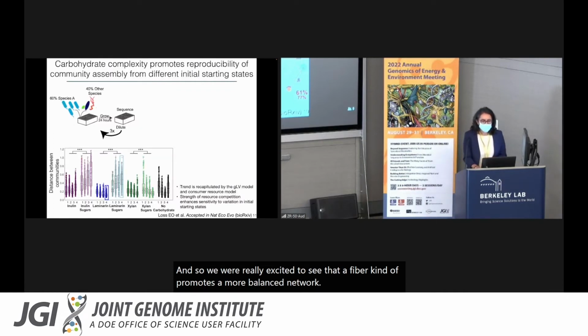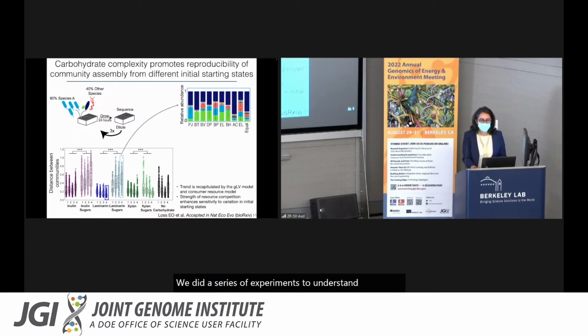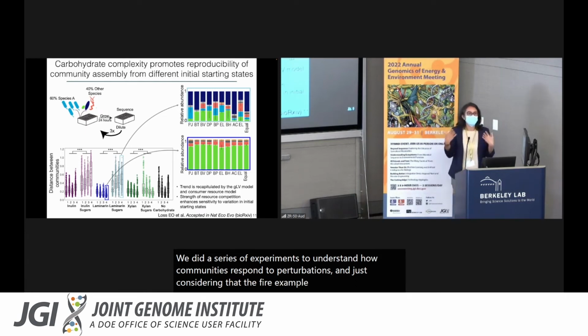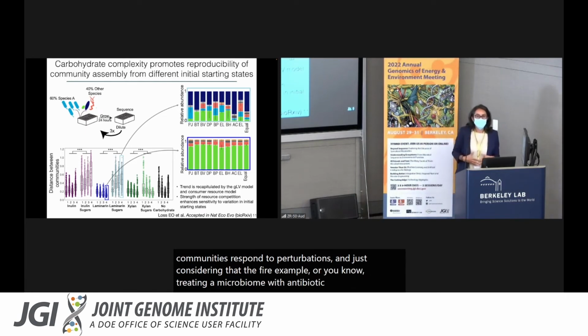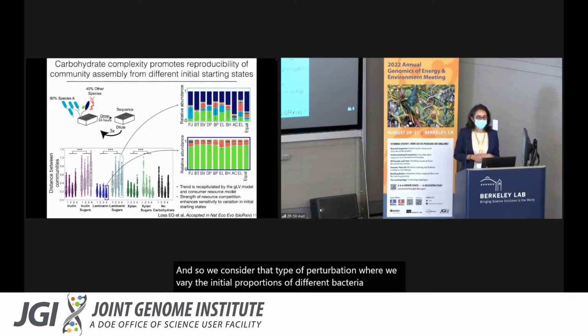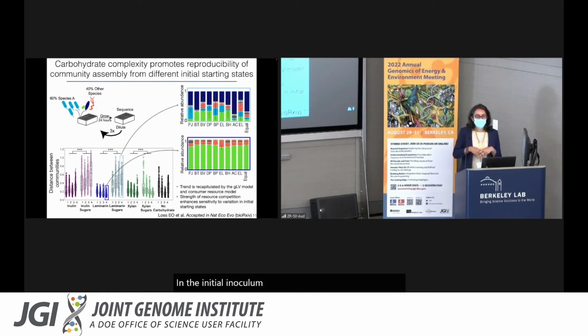We did a series of experiments to understand how communities respond to perturbations. And just considering the fire example, or treating a microbiome with antibiotics, there is a mass mortality, and microbiomes have to reassemble as a community. And so we considered that type of perturbation where we vary the initial proportions of different bacteria in the initial inoculum. And then we perform this passaging experiment and look at how the community assembles over a longer time frame.